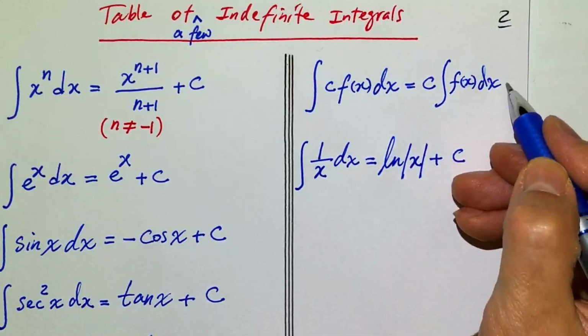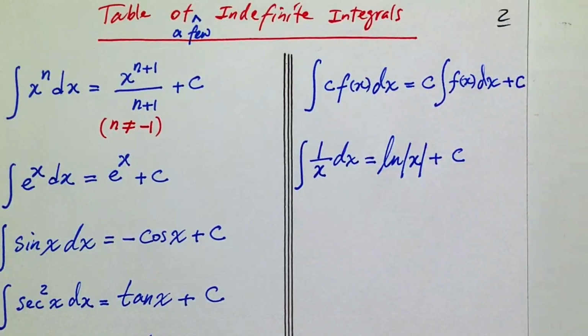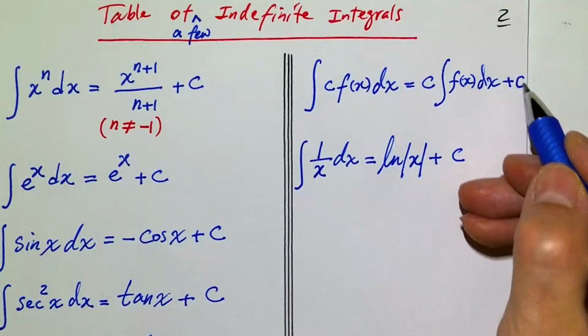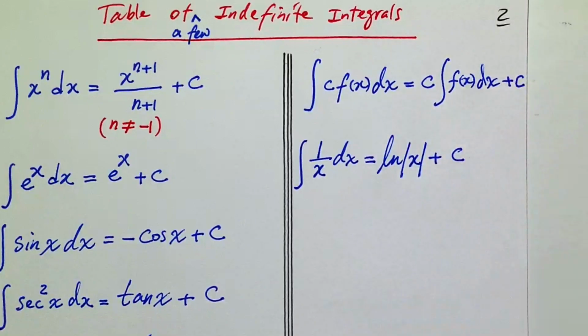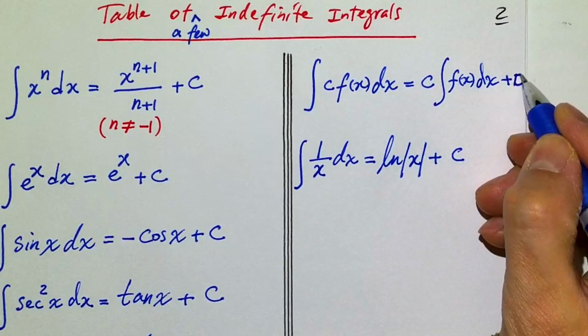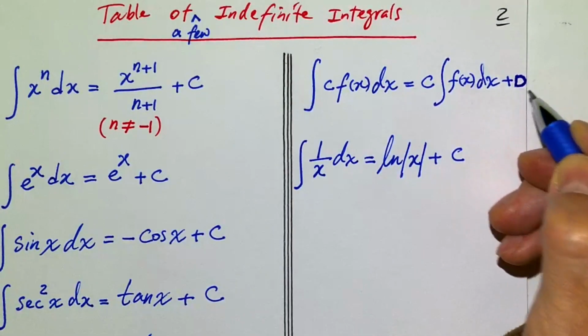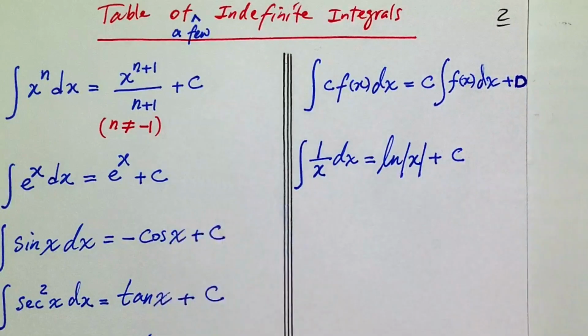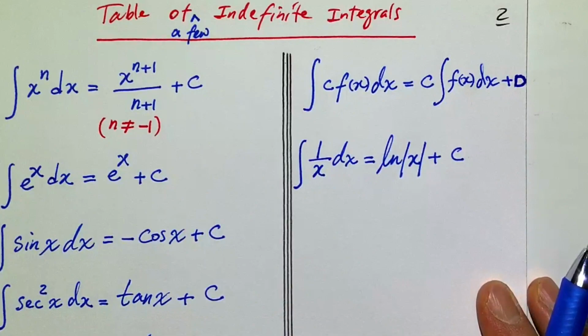Okay, of course I have to also put a c here because we're dealing with an indefinite integral. Since we have a c here, I'm just going to correct myself and say this should be d. So let me choose another letter, which just denotes the constant, which is c. That's that constant. Okay.